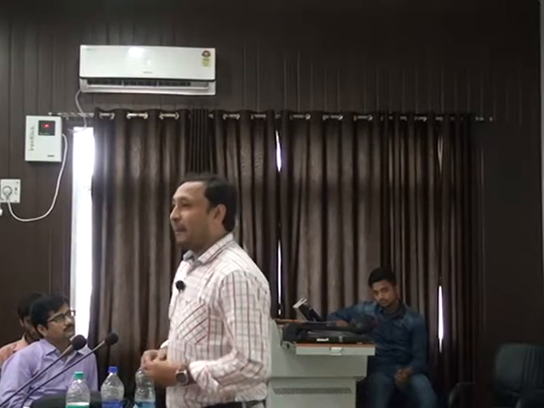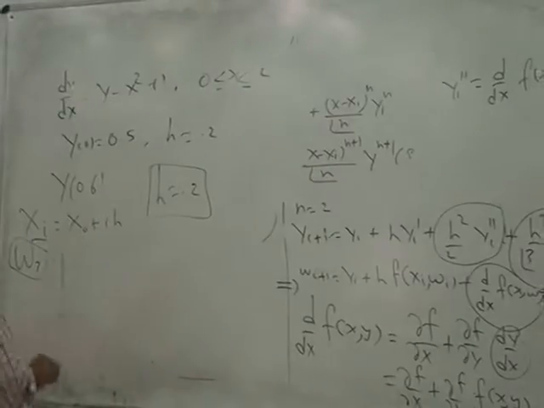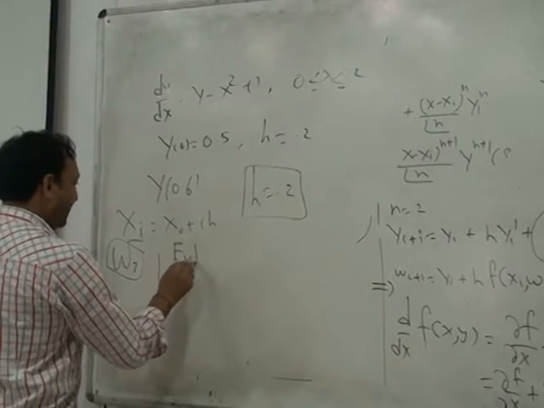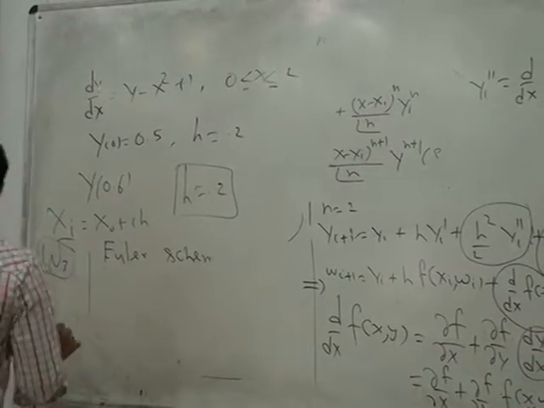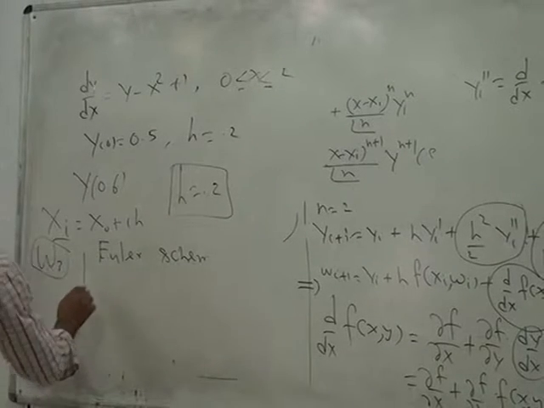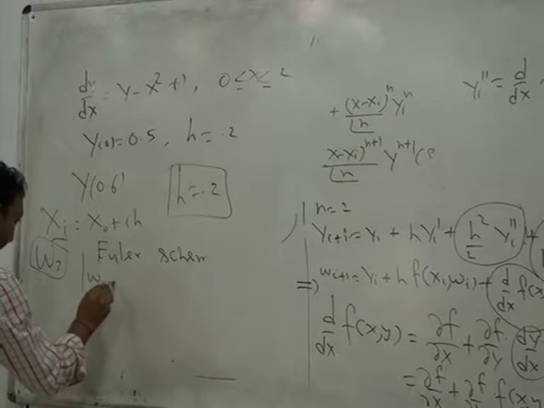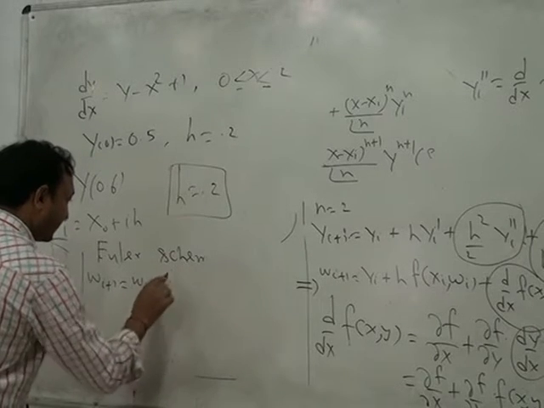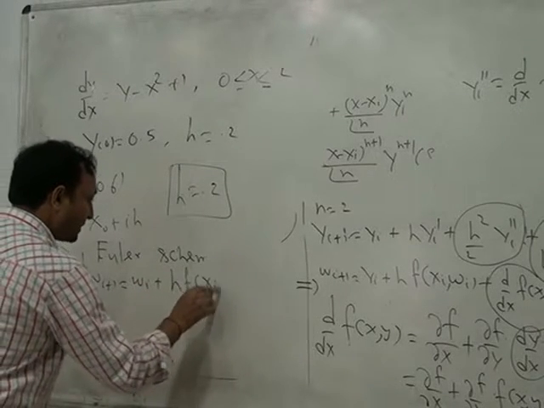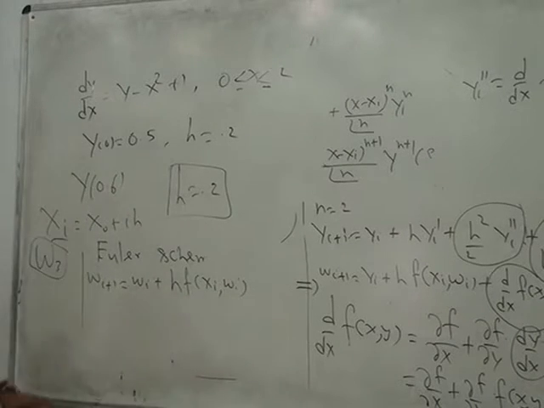So let us apply the Euler method first. What is the Euler method? Write down the formula. It's very easy, don't worry. The formula is W(i+1) = Wi + h f(xi, Wi).